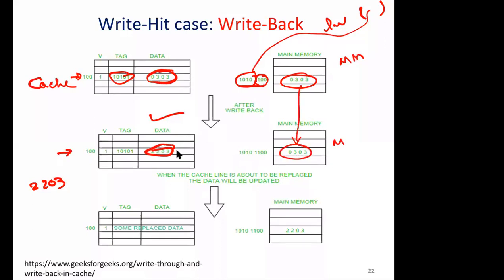Now after some time this block is evicted because it's not used, or the LRU algorithm finds out that it's not used for some time, and some other block is brought in here. Then this will be updated, so it will update this into main memory.